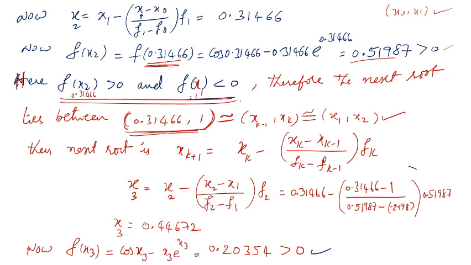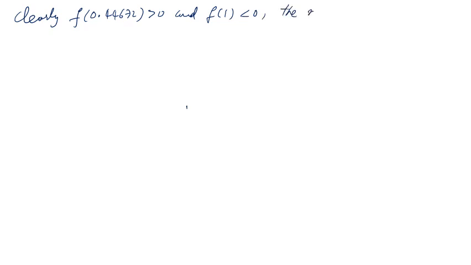So the next root x4 belongs to the interval 0.44672 comma 1.